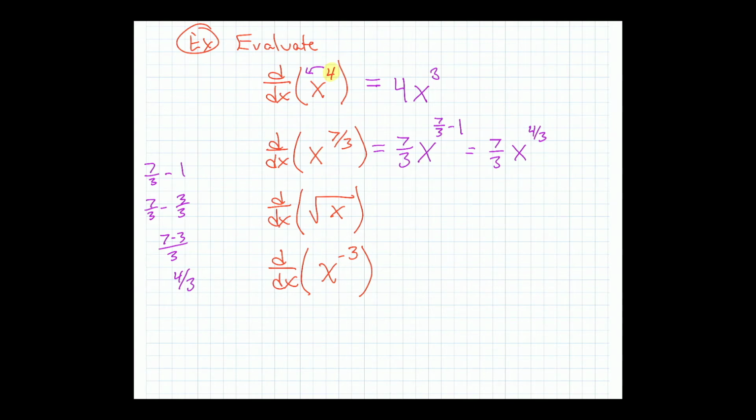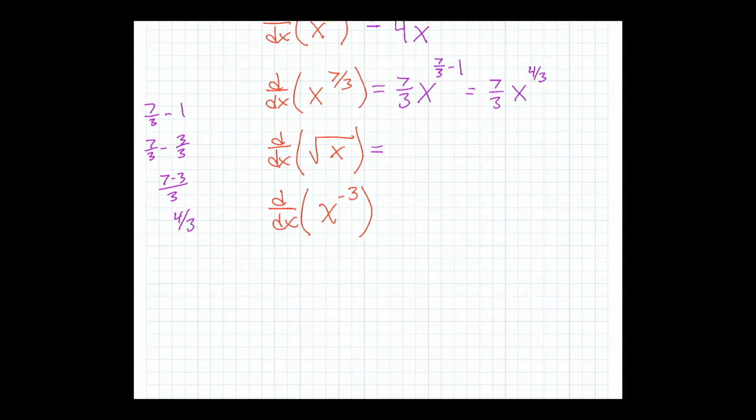Okay, let's do the next one. d/dx of square root x. To do this, you would have to say, well, wait, it's a square root of x. A square root is actually a power of 1/2. So you have to write it that way. d/dx of x to the 1/2.